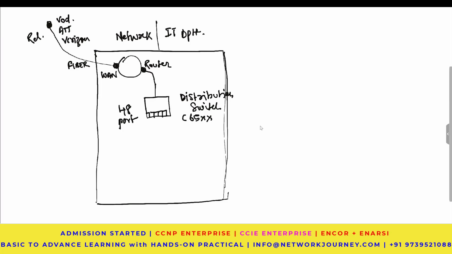If it is limited, then you can have it on the router. If you have more, then you can have the gateway on the distribution switch itself. Oh, okay. So we can make this an L3 instead of the router, correct? Yes. Okay.